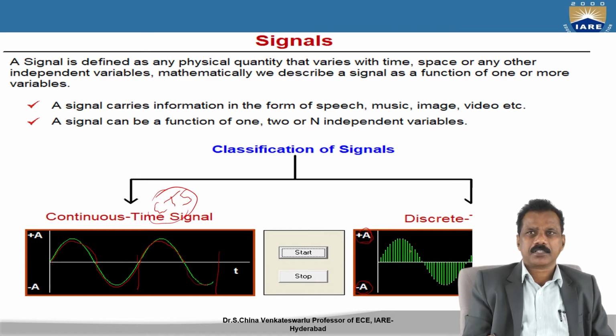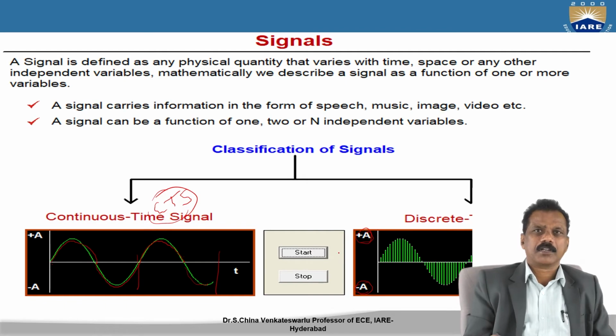You need to verify the discrete time signal: here are positive going transitions and negative going transitions. Again, positive going transitions and negative going transitions. So this is the number of samples, with negative amplitude. So easily you can compare the continuous time signal and the discrete time signal.